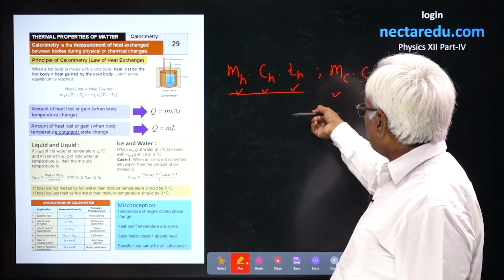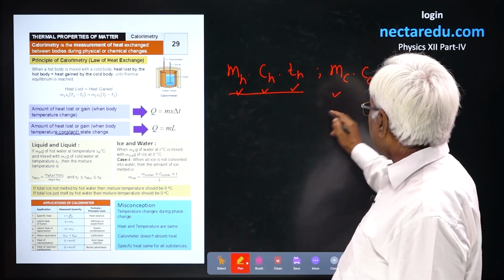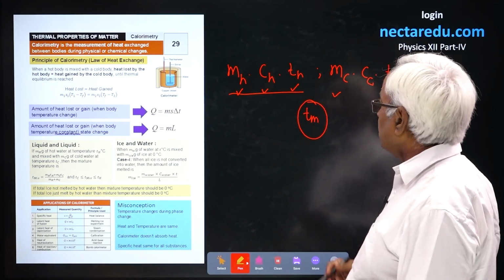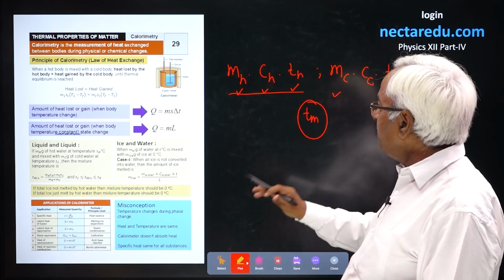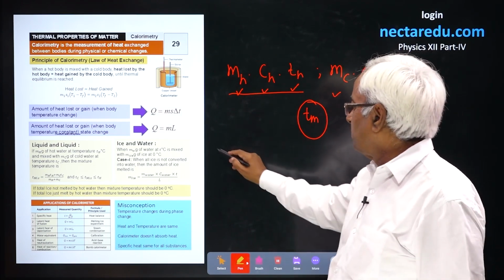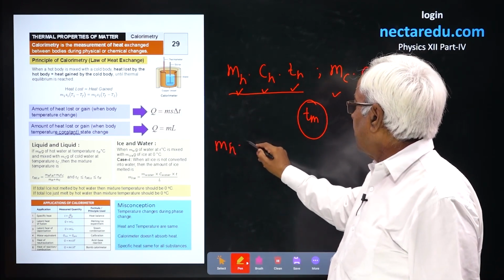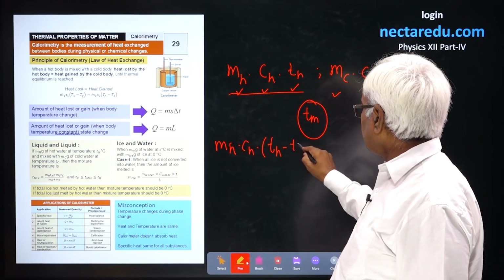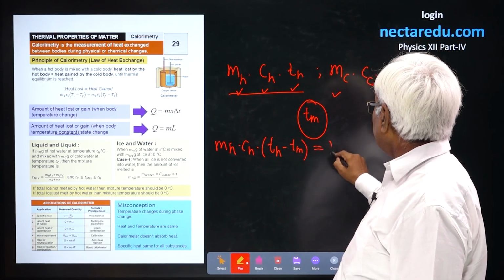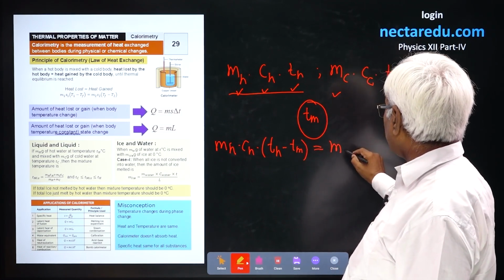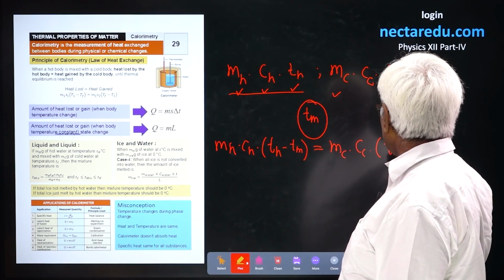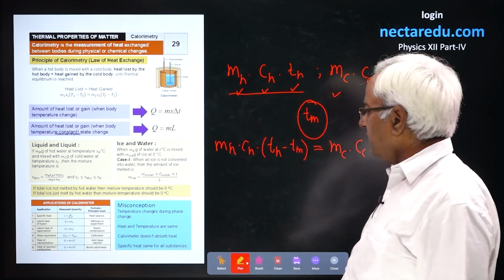The hot temperature will reduce, the cold temperature will increase, and suppose the mixture has the temperature Tm. So, heat given by the hot body is MH CH (TH minus Tm), and heat absorbed by the cold body is MC CC (Tm minus TC).